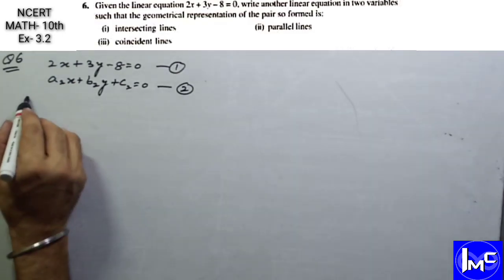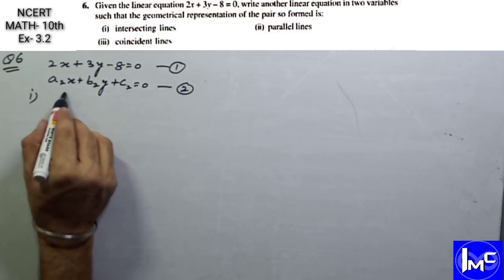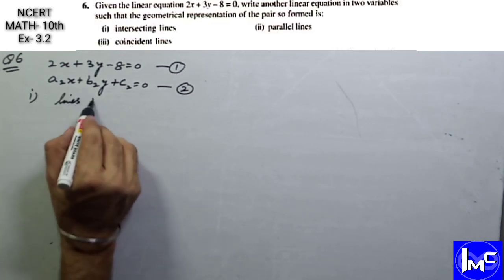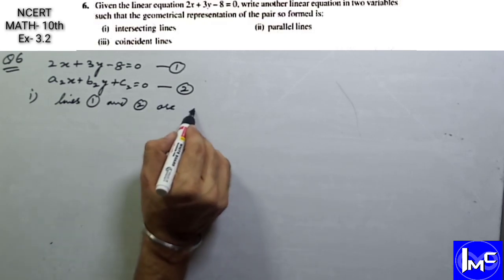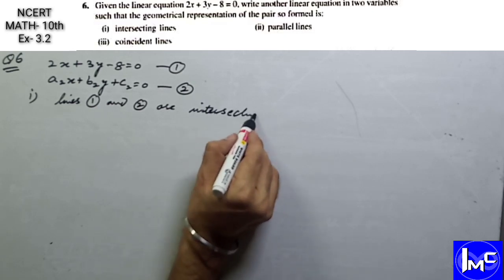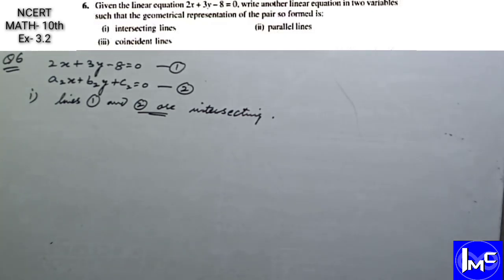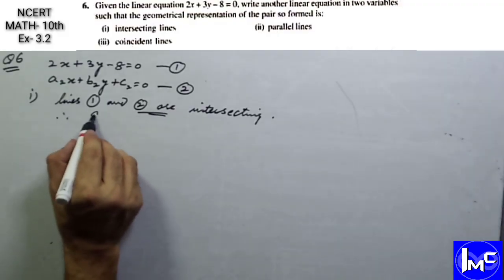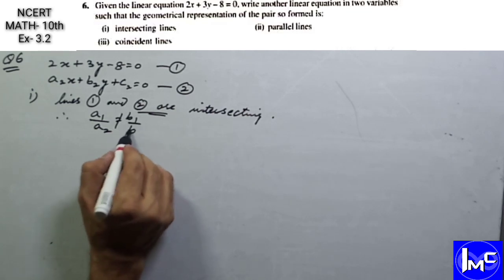And now we have the first condition, that the lines are intersecting. Lines 1 and 2 are intersecting, and we know that when lines are intersecting, then the ratio a1 over a2 is not equal to b1 over b2.